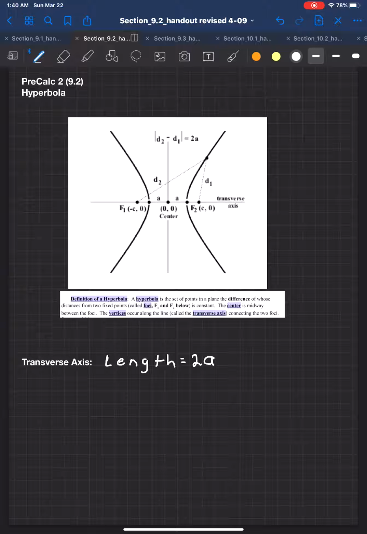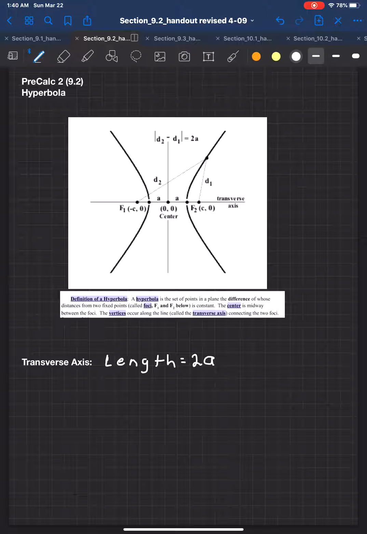We're going to start off with the easiest case, where the center is nestled at the origin. But let me read the definition of a hyperbola, and then I'll tell you a little more about this lesson, and then we'll jump in.